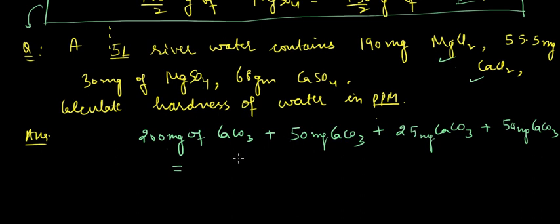So the total CaCO3 would be 325 mg. This is the hardness of water of all the different substances in terms of CaCO3.